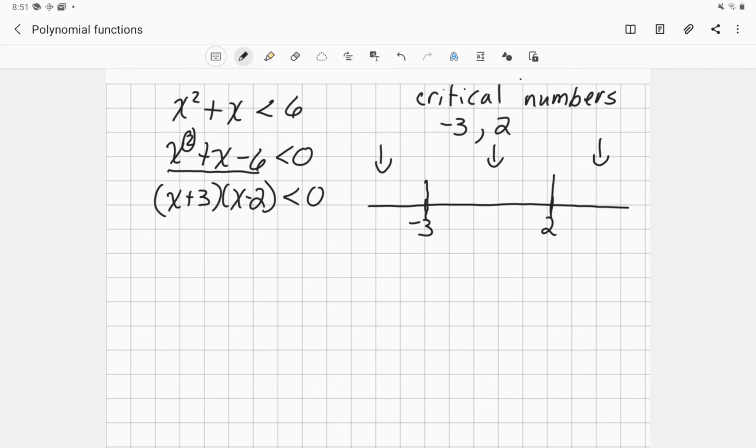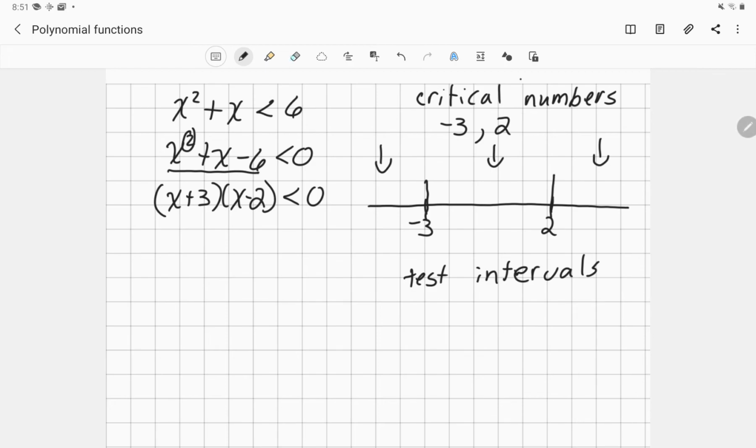Now again, sections is not a fancy enough math term. And so rather than call them sections, they call them test intervals, which sounds terrible, but it's really not.